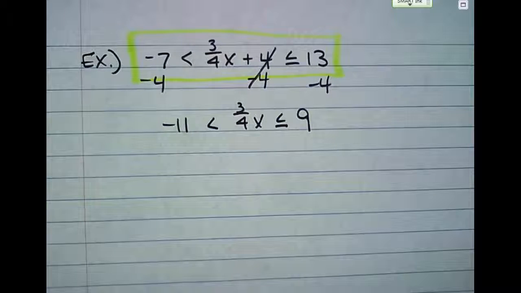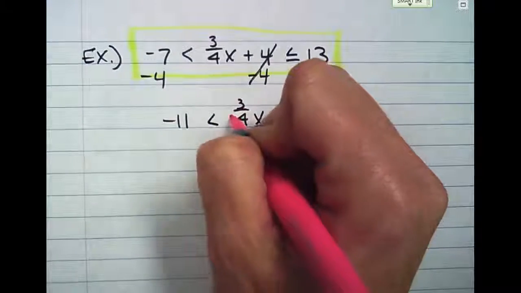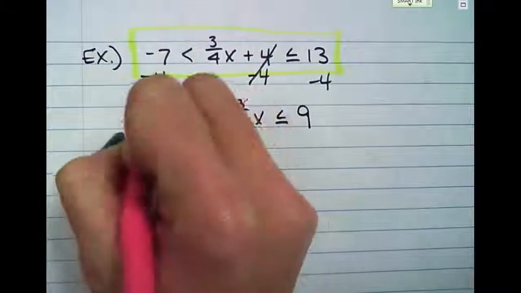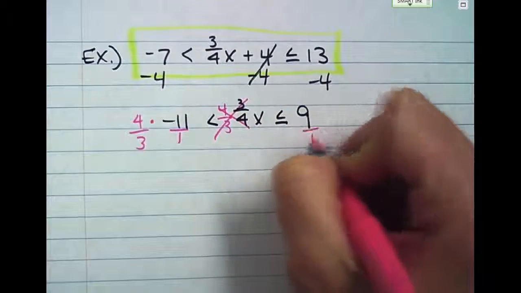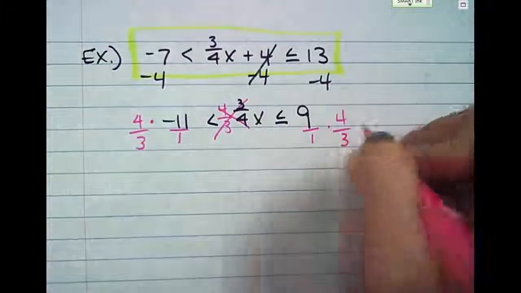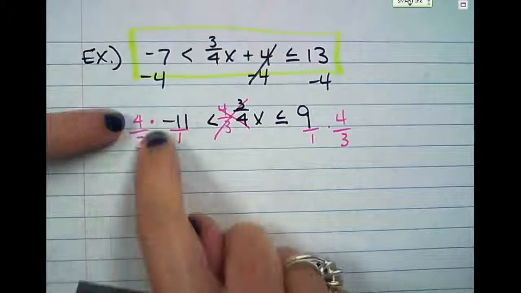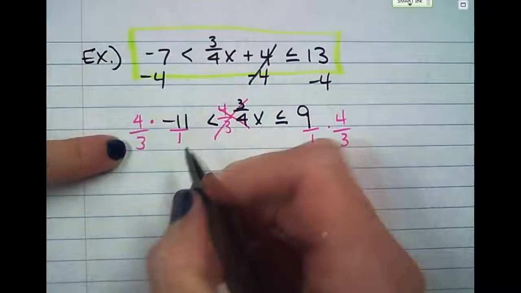Multiply by the reciprocal. It's cleaner. It saves a lot more time. So let's multiply by 4/3 here, remember this over 1, on the left, and on the right. On the left side, I can't reduce anything, so I just get negative 44 over 3.